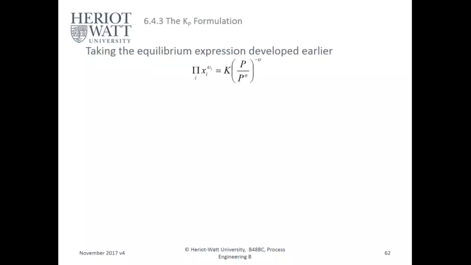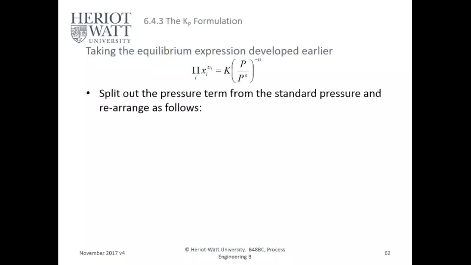So product of xi to the power of vi equals K times P over P0, or P initial, to the power of negative v. Split out the pressure terms from the standard pressure and rearrange as follows, and you'll get product of xi to the vi equals K P to the power of negative v times 1 over P initial to the power of negative v.